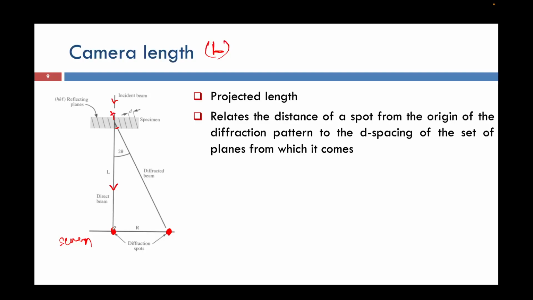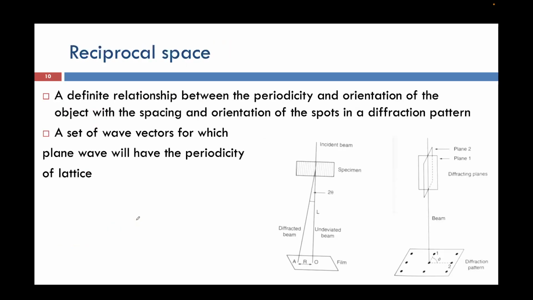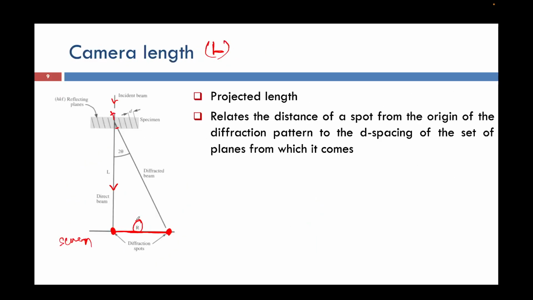Let's say this is the undiffracted spot, or the origin of the reciprocal lattice, and this is a diffracted spot, and between those I am taking any distance as r. So how does it relate? Here I have said this is capital L, the camera length, and this is 2 theta.